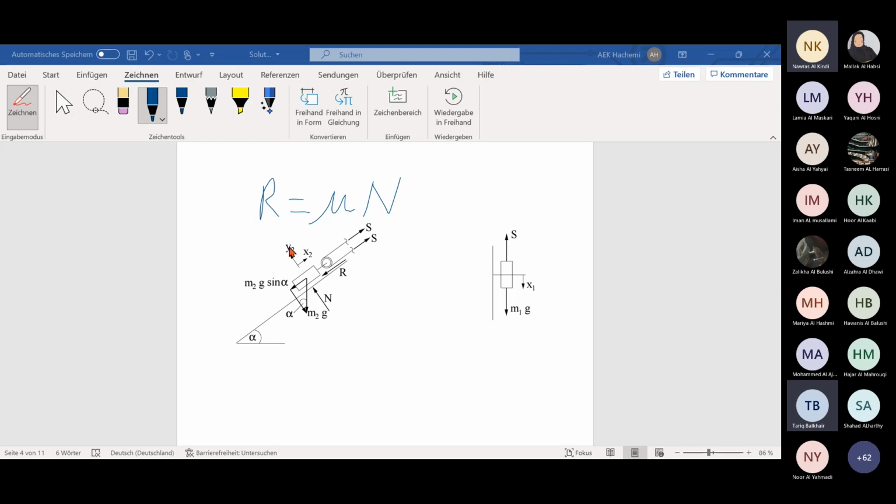There is only the motion along the x2 direction.